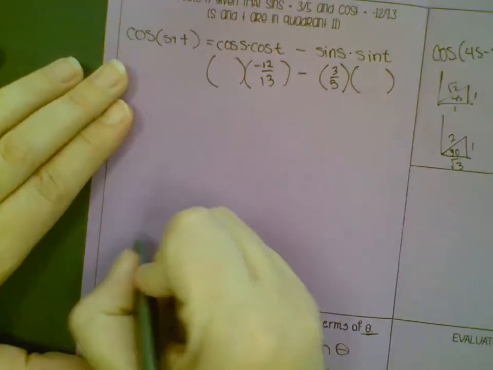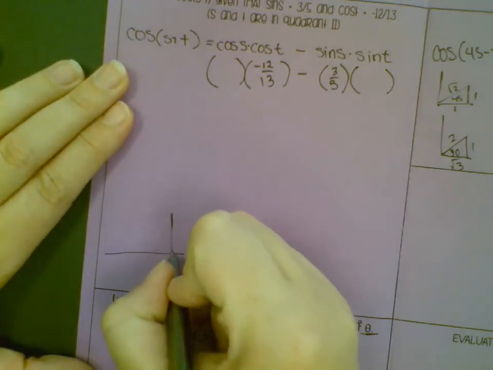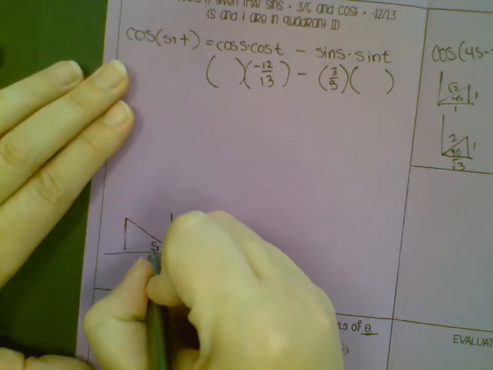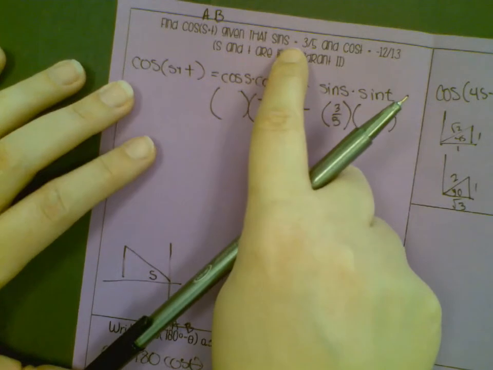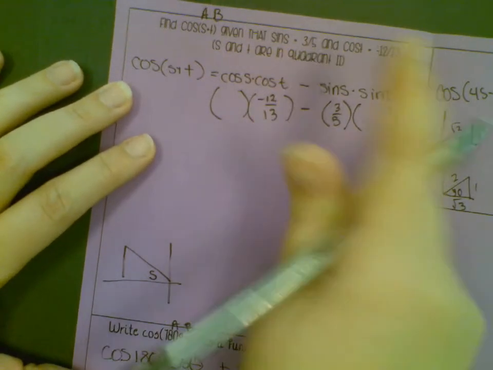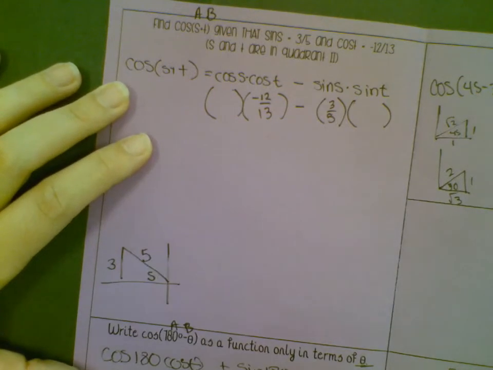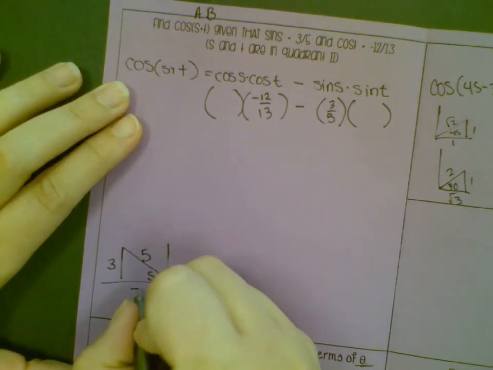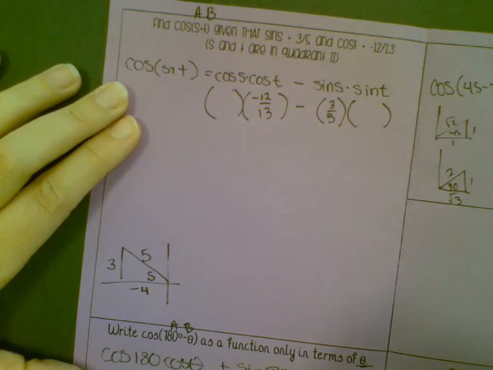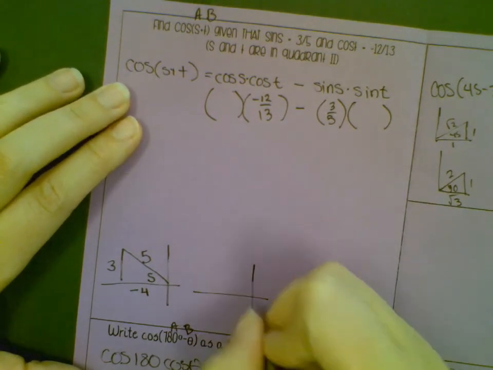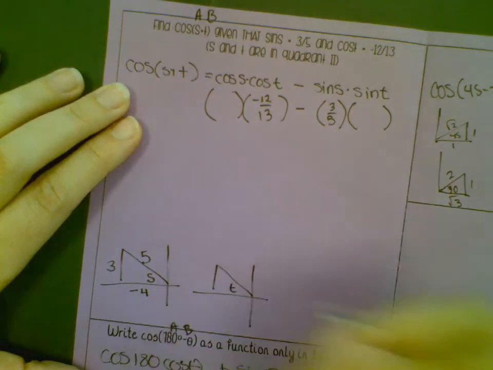Okay, so here's my S triangle. For angle S, they told us that sine of angle S is 3/5. Sine is opposite over hypotenuse. And if we do the Pythagorean theorem, we get that the adjacent side is negative 4. Now we'll do it for t, which is also in quadrant 2.